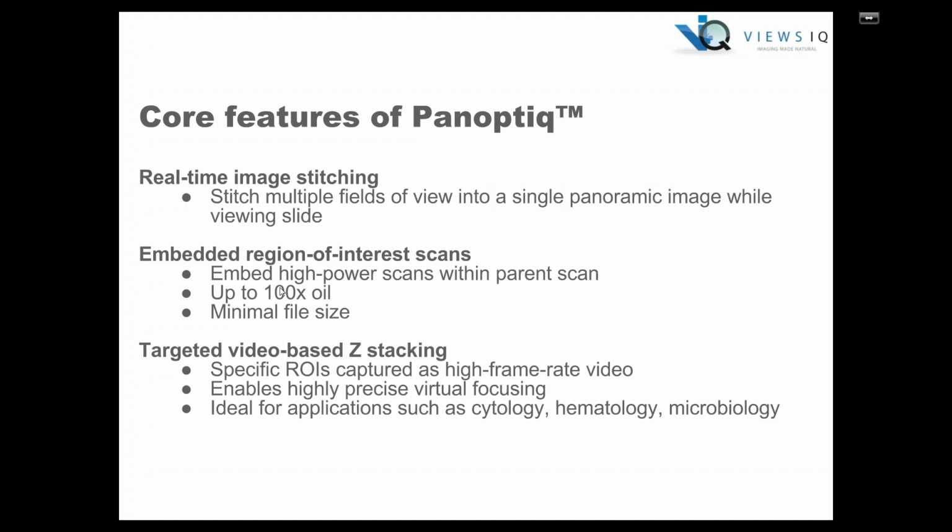The image quality is driven directly by the optical quality of your microscope. And because you're only scanning regions of interest rather than the entire slide, the file size stays minimal compared to if you were scanning the entire slide at 100x or 40x.